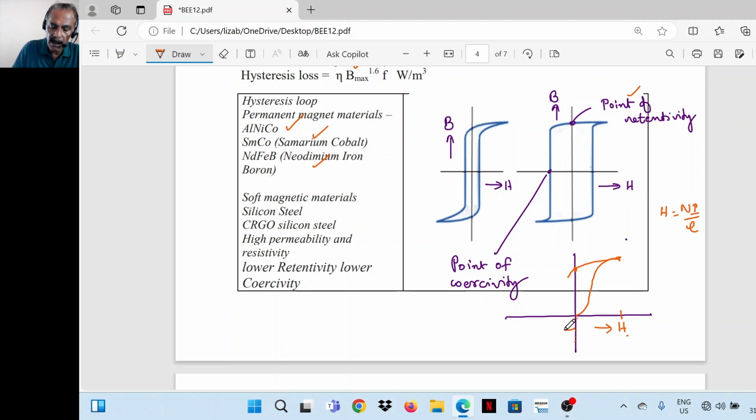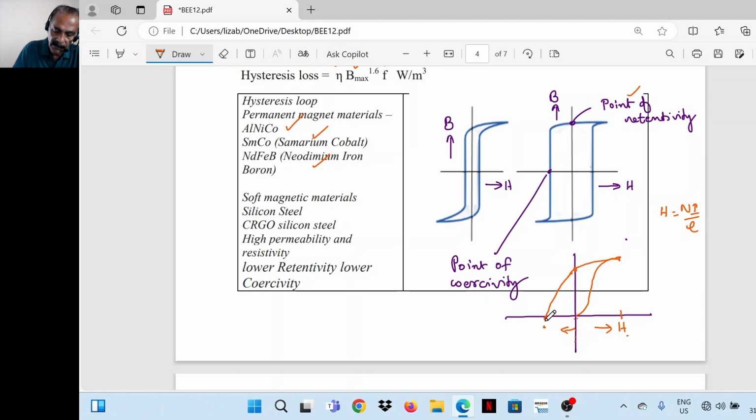Now if we increase H in the opposite direction, the flux density reduces. At some point it becomes zero. When H is here, the flux density is zero. This is called the point of coercivity. That is the amount of magnetizing force required in the opposite direction to wipe out the residual magnetic flux density.